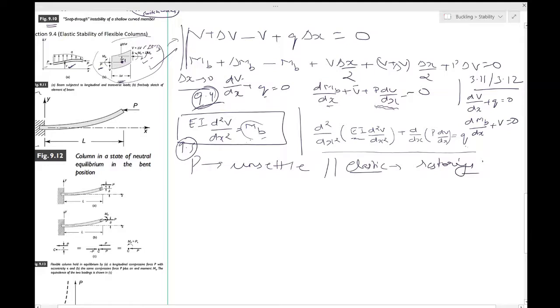The most important single result to be obtained is the value of the critical load, which marks the border between stability and instability. We can get this result by arguing that when the critical load is acting, the restoring tendencies just balance the upsetting tendencies and the system is in a state of neutral equilibrium.